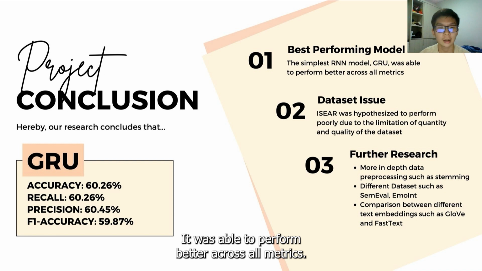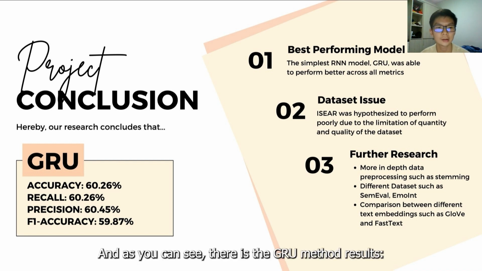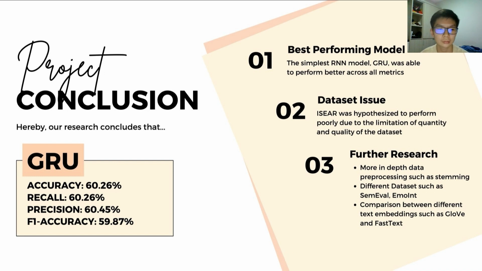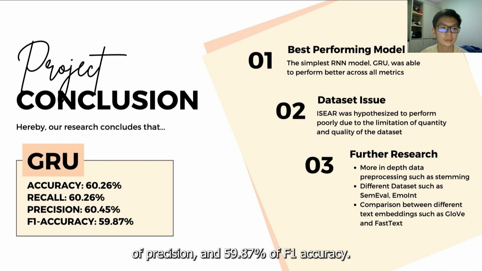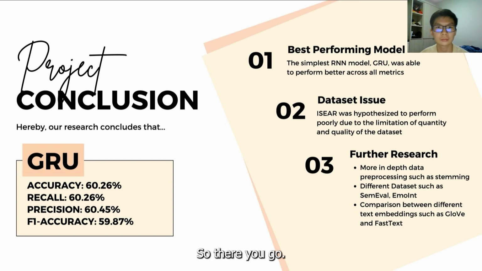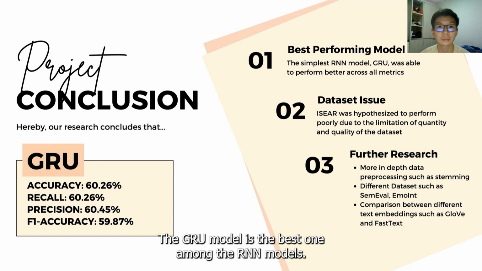It was able to perform better across all metrics, and as you can see, the GRU method results are 60.26% accuracy, 60.26% recall, 60.45% precision, and 59.87% F1 score. So there you go. The GRU model is the best one among the RNN models.